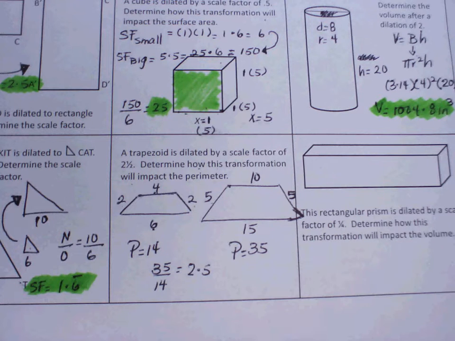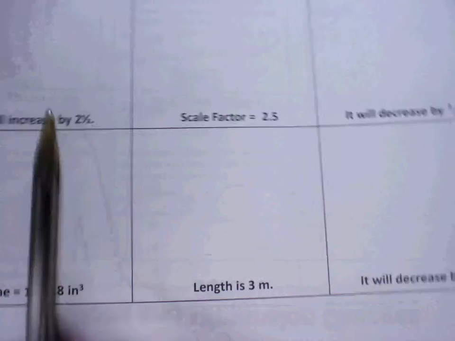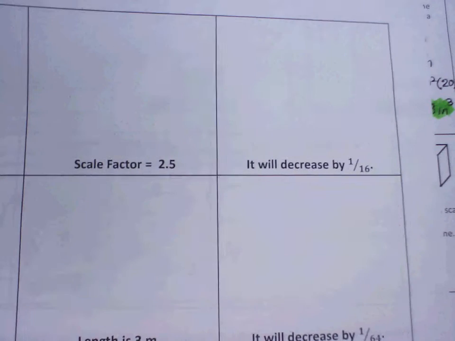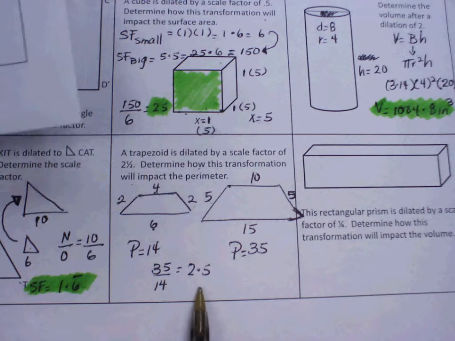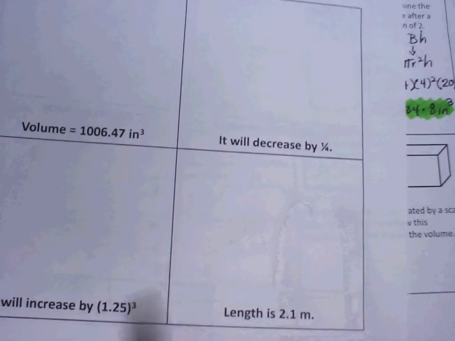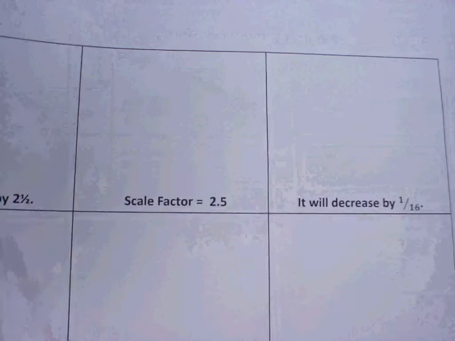All right. So let's see what we got. We already had this one, right? Or did we not? It will not decrease. It will not decrease. It will do what? It will increase.